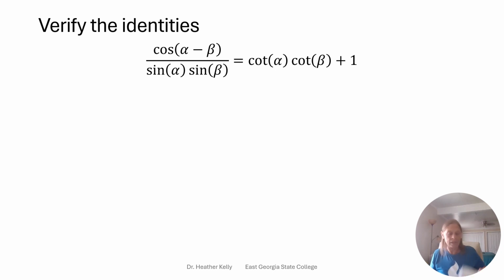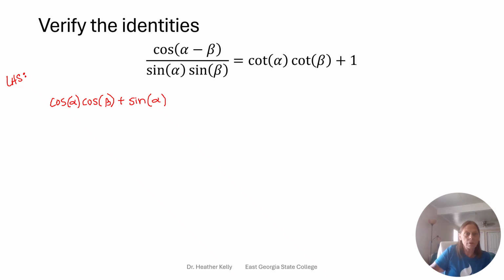And then let's take a look at this guy right here. I'm going to work with that left-hand side. That cosine is cosine alpha, cosine beta, plus sine alpha, sine beta.